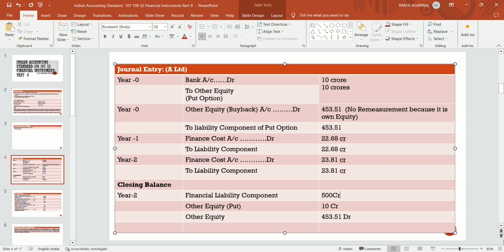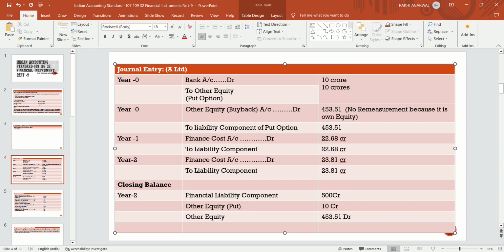So the differential amount of consideration after 2 years is amortized by A Limited as finance cost. So in year 1 it will recognize finance cost account debit to liability component of put option by how much? 453.51 into 5%, that is 22.68 crores.